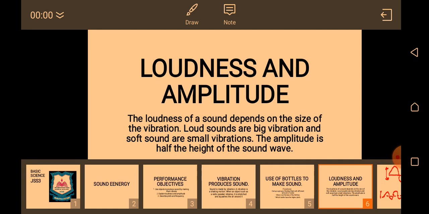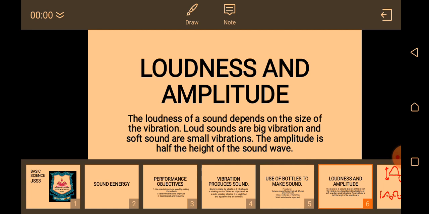As for soft sound, if the sound is not that loud, it is going to cause small vibration. So when you place an object close to a speaker, if the speaker is very loud, the object will have a big vibration, but if the speaker has a soft sound, then the object will have a small vibration.